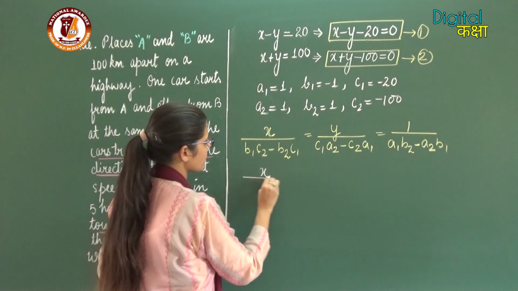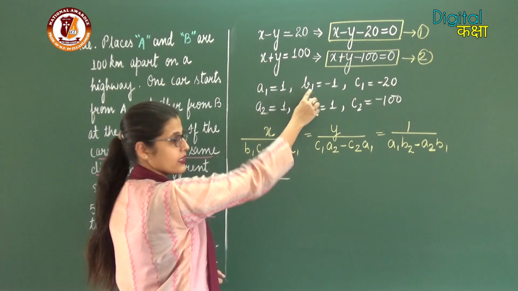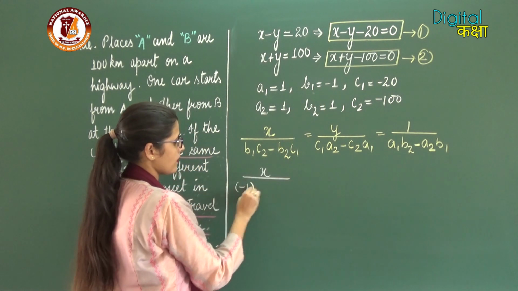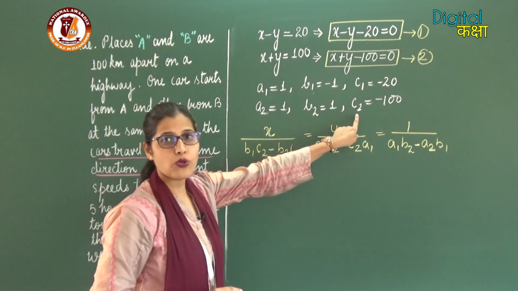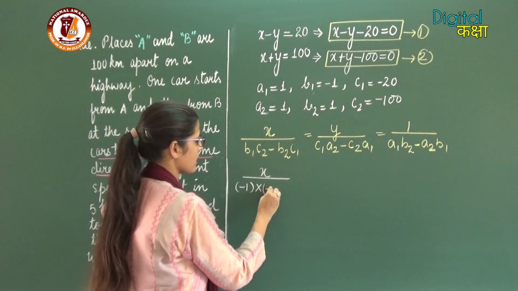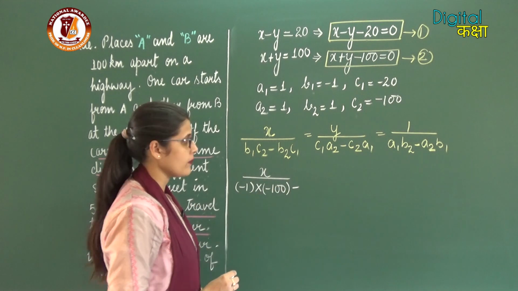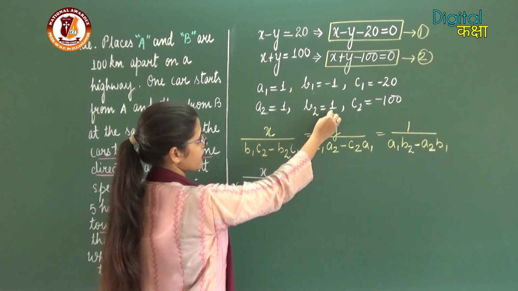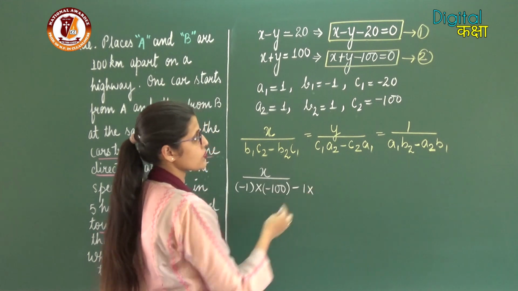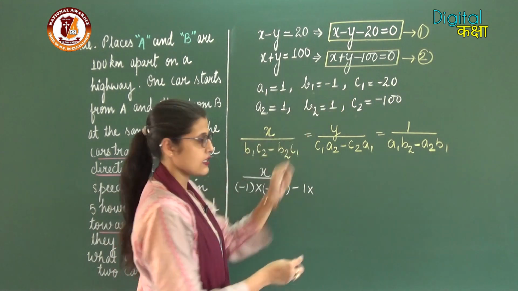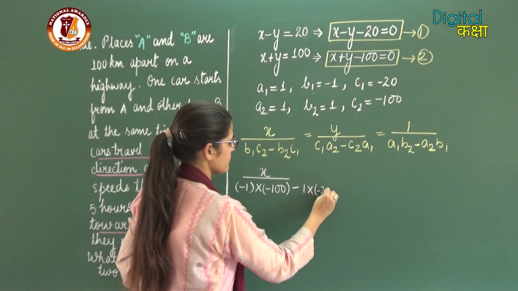Therefore, x upon the value of B1, which is -1, multiplied by the value of C2, which is -100. Then the subtraction sign of the formula, B2 will be written as 1 into the value of C1, which is -20.